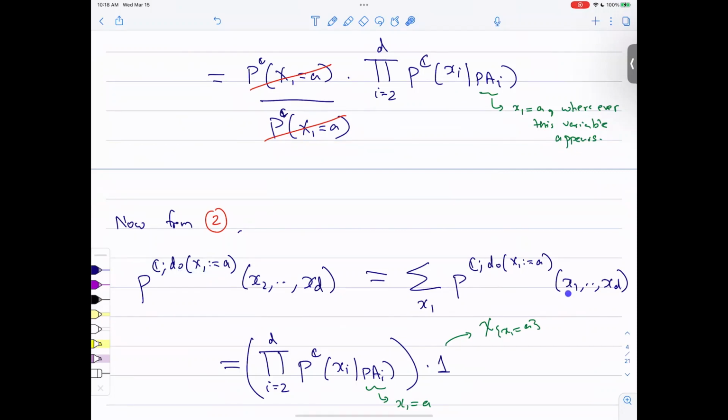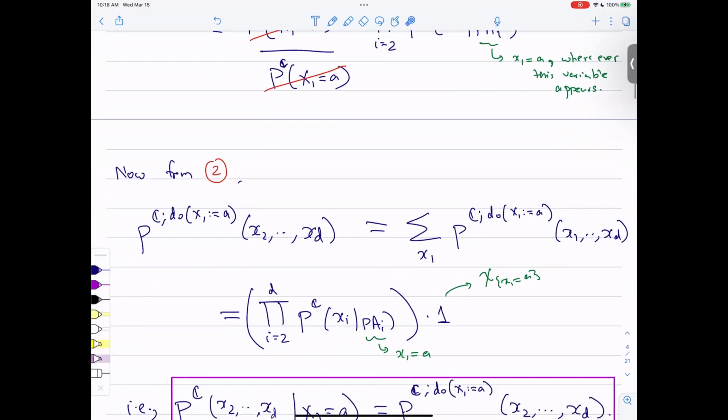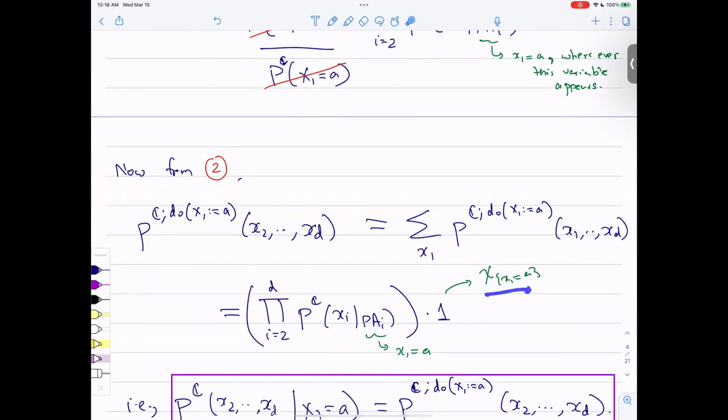So I look at the joint distribution of x1 to xd in this new model and sum over all values of x1. Because I do x1 equal to a, and it's a hard intervention, this summation has two terms: one when x1 is a and one when x1 is not equal to a. But all the not-equal-to-a terms are 0 because that cannot happen. So all I get is for x1 equal to a.